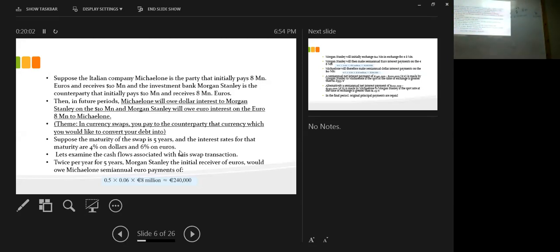Twice per year for 5 years, Morgan Stanley would owe Micheloni 6% times 0.5 on 8 million, so they would be paid 240,000, which is equal to 0.03 times 8 million.